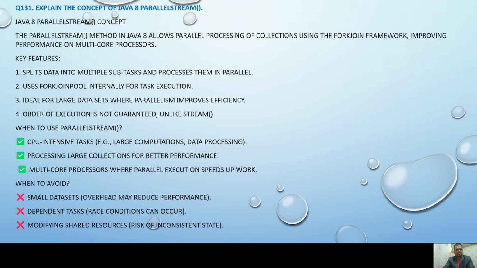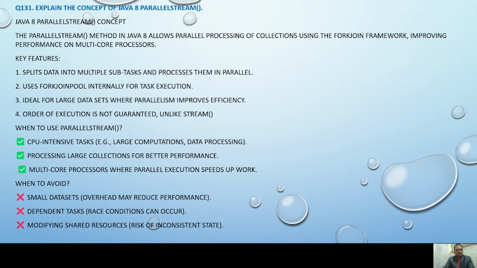Key features: splits data into multiple subtasks and processes them in parallel. Uses ForkJoinPool internally for task execution. Ideal for large datasets where parallelism improves efficiency. Order of execution is not guaranteed, unlike stream.